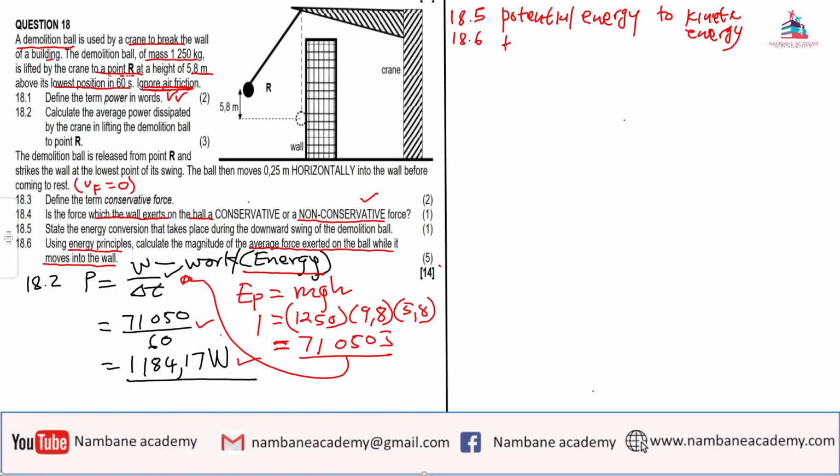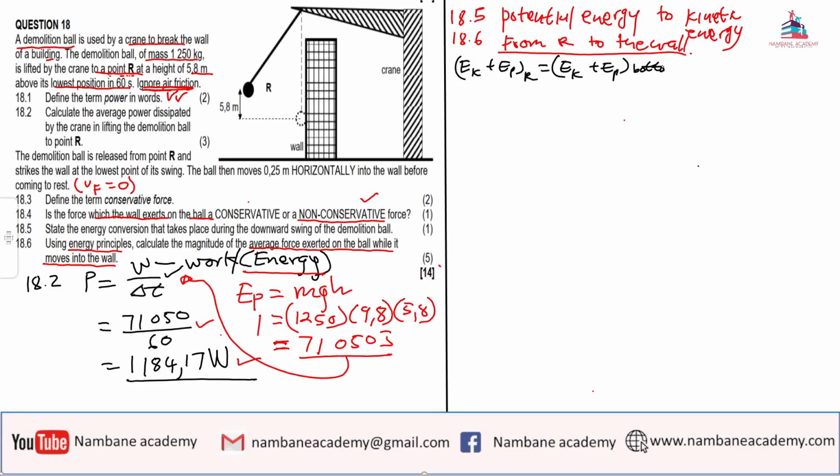So I am going to say, let's start from R to the wall. Let me use black. What is happening? We have EK plus EP at R. And we have now EK plus EP at the bottom.